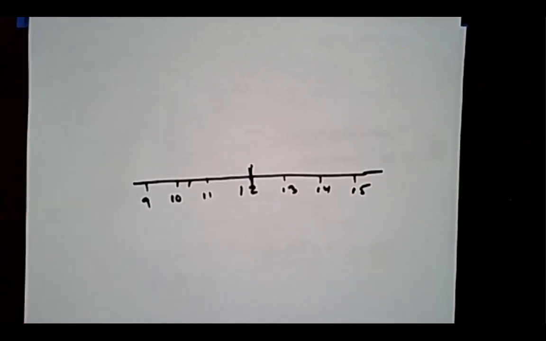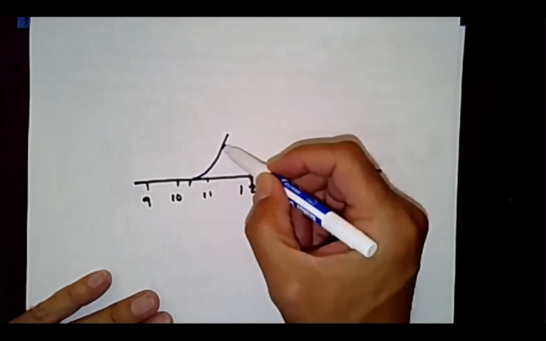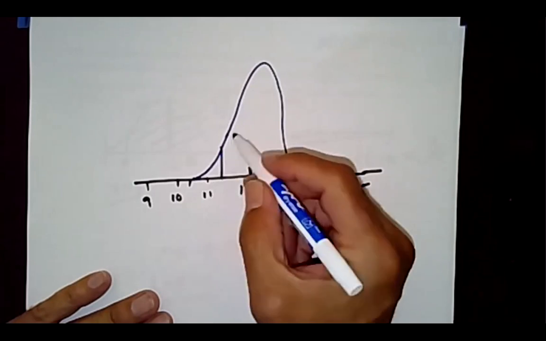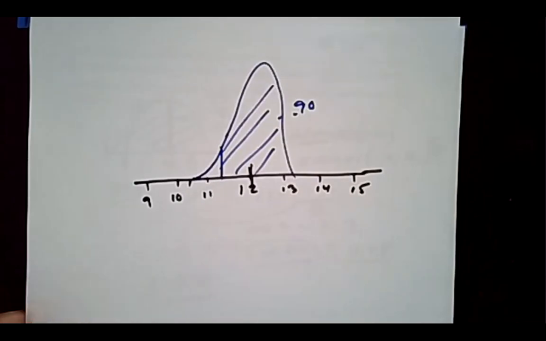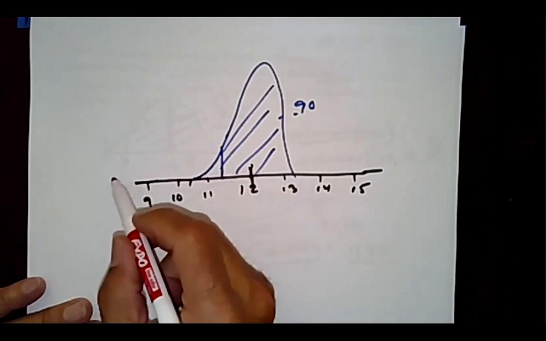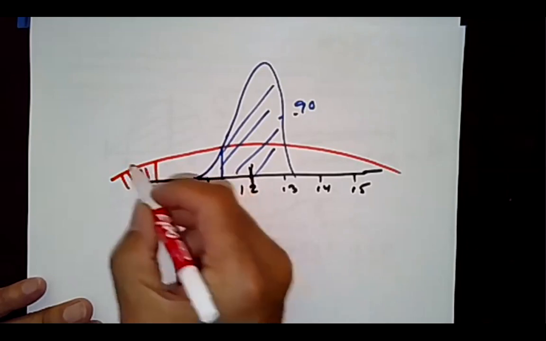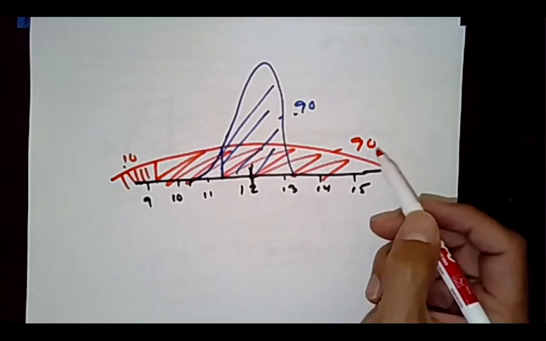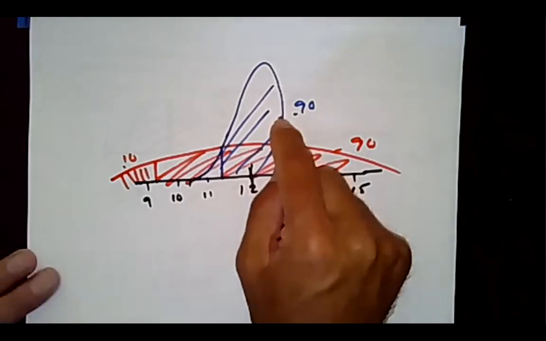So this one here basically looks like this, 11.48 here, where all of this is 90%. For the second one, 9.44 is here. That graph looks more like this, where all of this is 10%, but more importantly, all of this is the 90%.